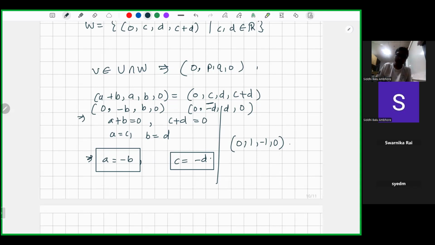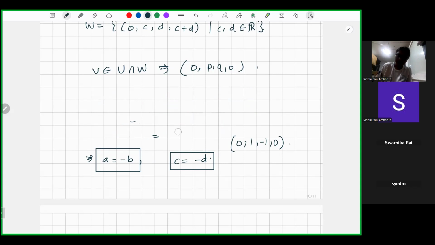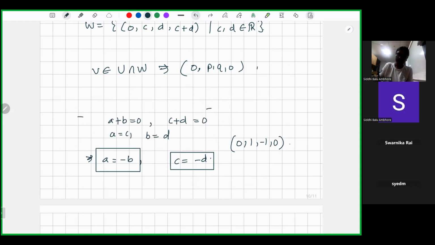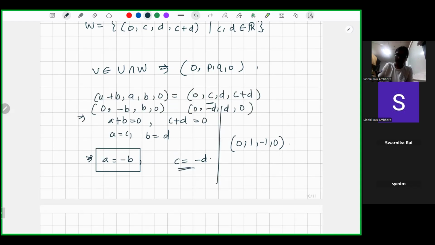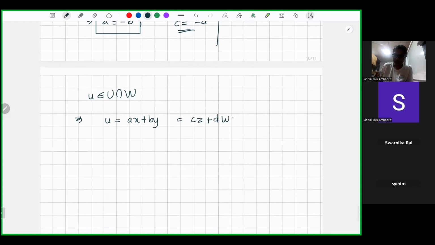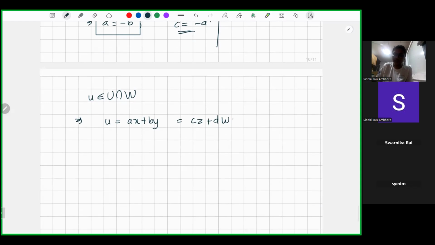Yeah, that's what we did here. So what we are doing is, if U belongs to U intersection W, then U is some AX plus BY, and it is also some CZ plus DW, where X, Y, Z, W are given.